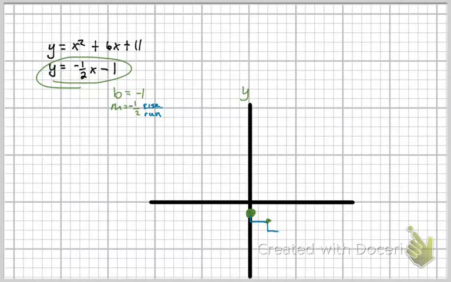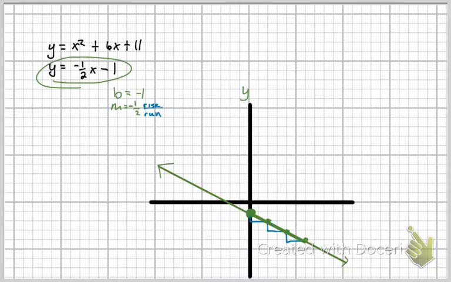Right 1, down 2 spaces, put a point. And I would do this several times just so I've got enough points. Connect the dots on both sides, make it look as straight as possible.